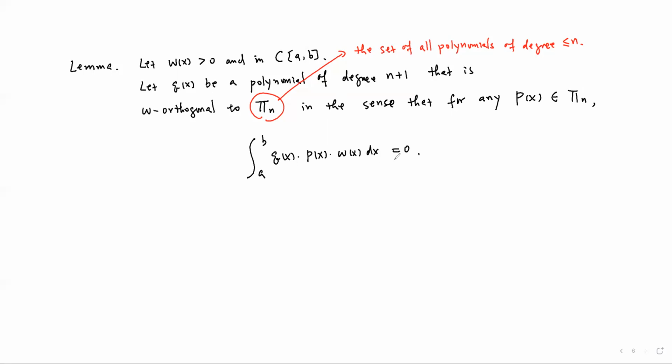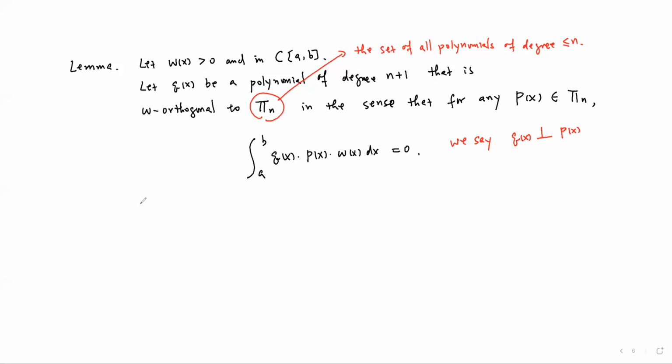When this integral is 0, we say that the polynomial Q is W orthogonal to p. This is what W orthogonal means: the integral is 0.